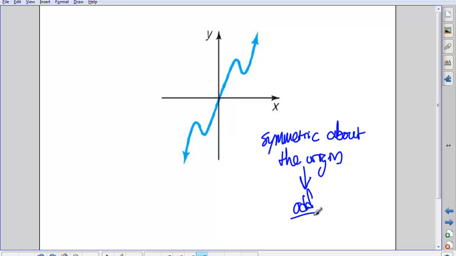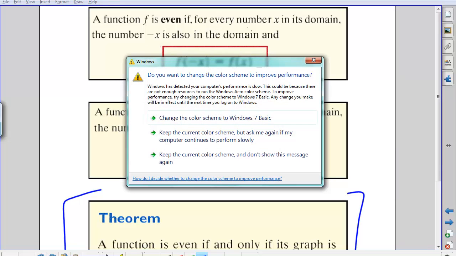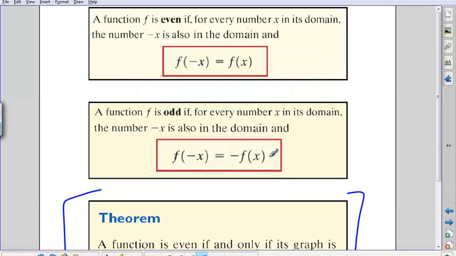And now that's not the only way we can answer that question. If we go back to these definitions up here that we skipped over a second ago, we have what's called an algebraic definition. This says a function f is even if for every x in the domain, the number negative x is also in the domain, and f of negative x equals f of x.